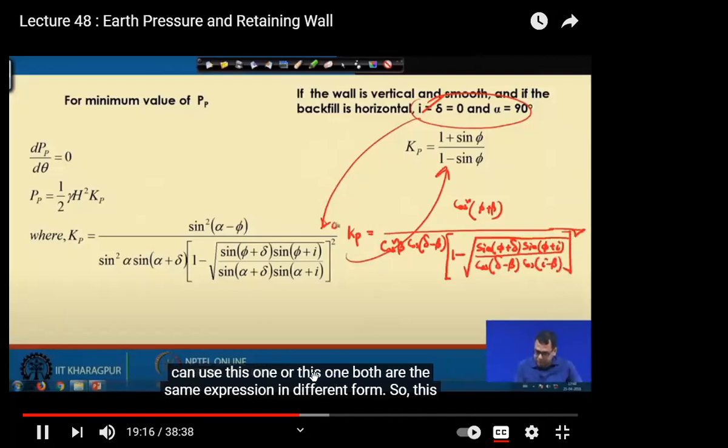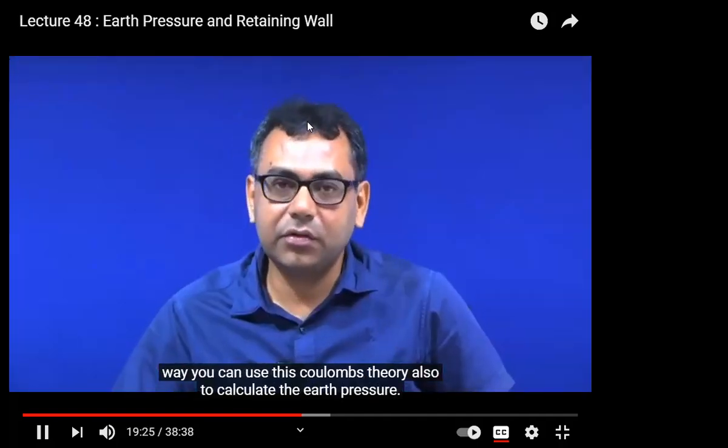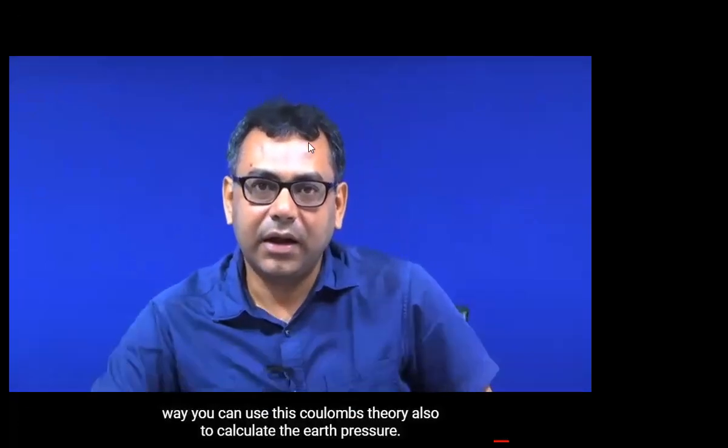So either you can use this one or this one, both are the same expression in different forms. So, this way you can use this Coulomb's theory also to calculate the earth pressure.